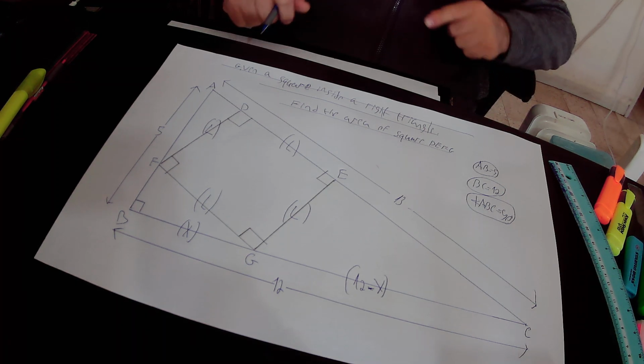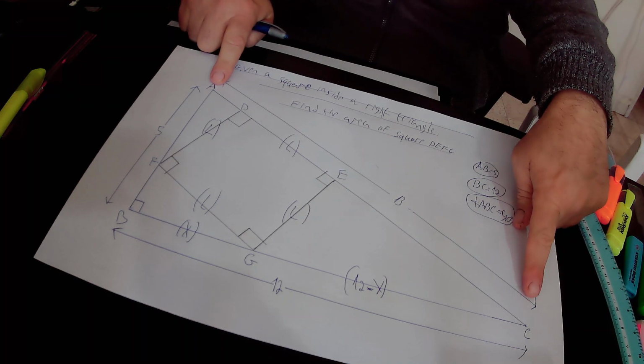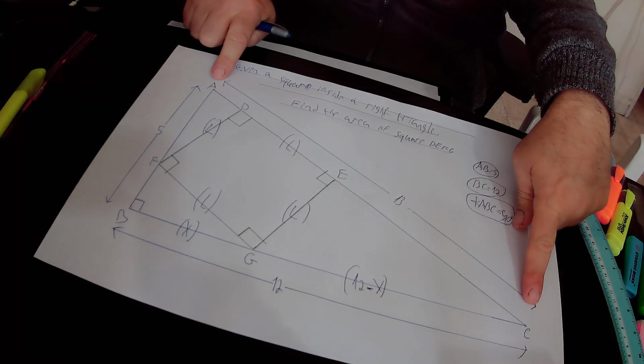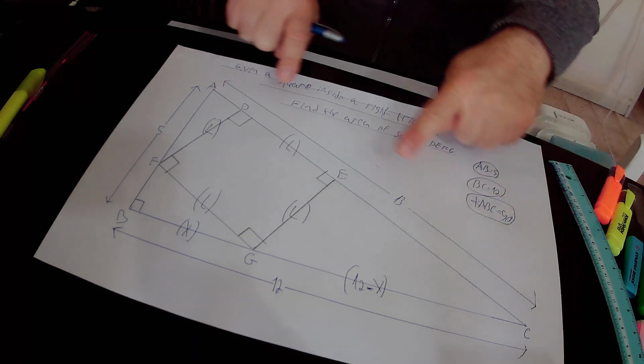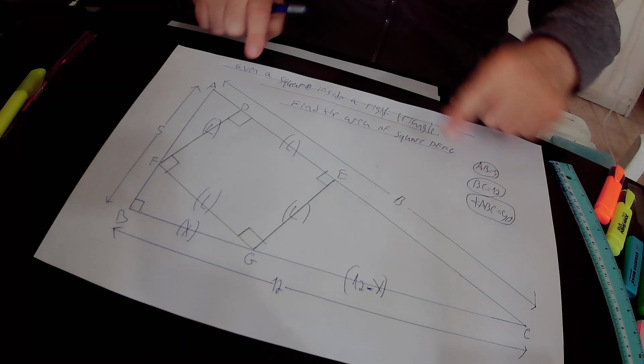So we know that line segment AC is one side of the right triangle ABC. This is actually the hypotenuse of the right triangle ABC, and therefore it is absolutely a straight line. So AC is a straight line.